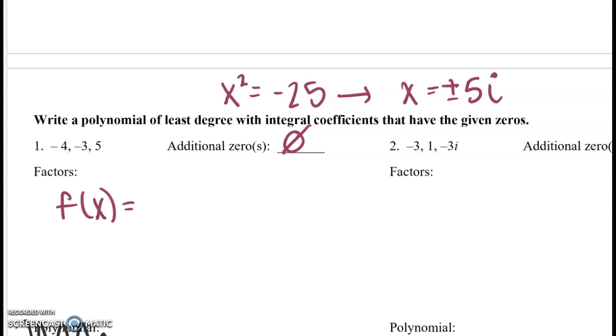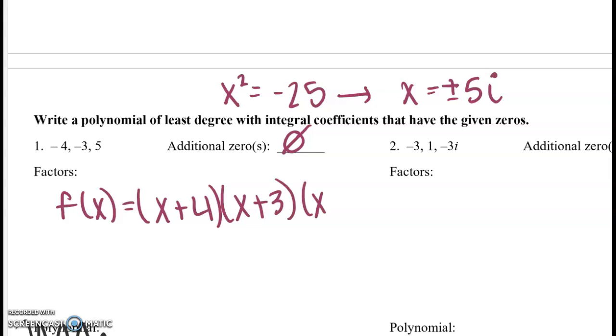You can call it g of x, h of x, whatever you want to call it. If -4 is a solution, x plus 4 is a factor. Remember, when you solve it, set it equal to 0, it better equal -4. So then I also have x plus 3 and x minus 5. Your factors are the opposite of your solutions.